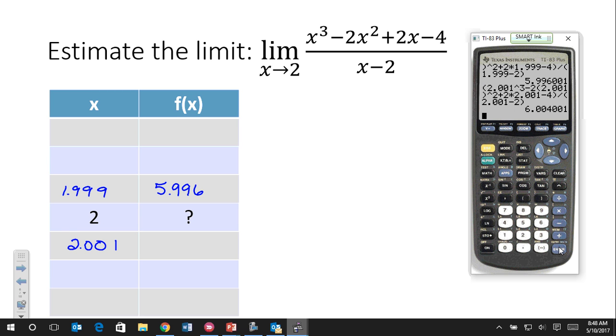All right, if I type that in right, everybody get something close to 6? So what do you think the limit is as you approach 2 from the left and to the right? 6. 6.004. Make sense? Okay.